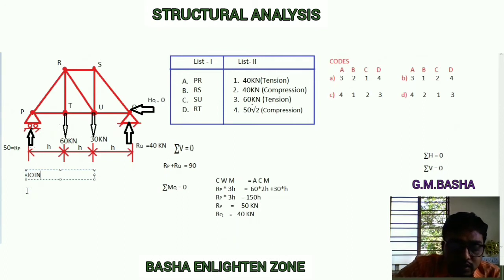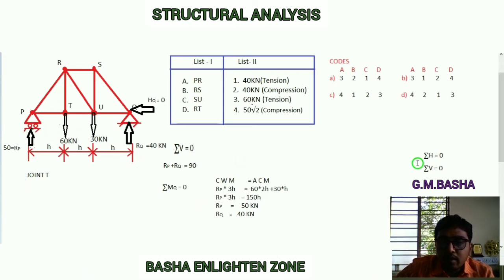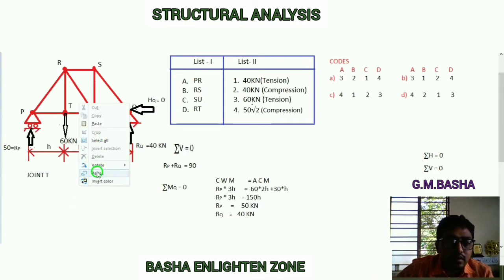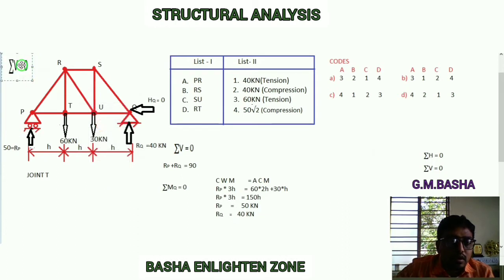Here, joint T. If I am resolving that joint T, sigma V will be equal to 0. So already this 60 will be acting here. There will be no other forces acting at some angle.